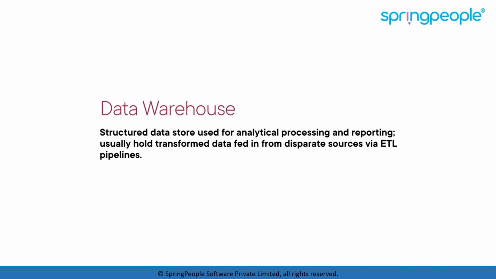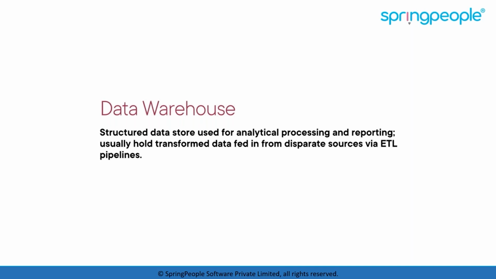We collect all the data and store it in one single central repository, using which you will be able to perform any kind of reporting, data-driven decision making, machine learning. Anything can be implemented on the data warehouse here. So a data warehouse is a structured data store used for all the analytical data processing and reporting. It usually holds the fully transformed data.